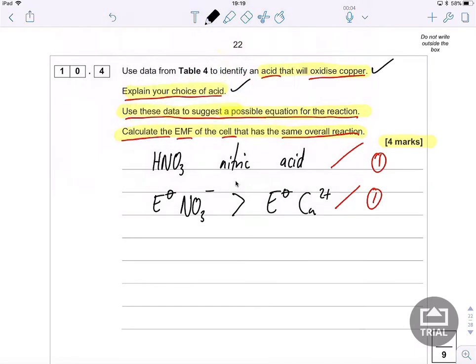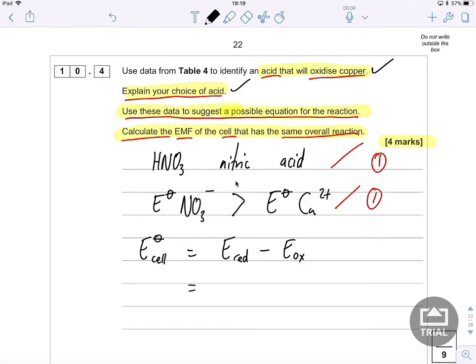I'm going to do the easy bit next: calculate the EMF of the cell that has the same overall reaction. The overall EMF of the cell is the reduction take away the oxidation. There are lots of different ways of remembering this: reduction take away oxidation, or redox.